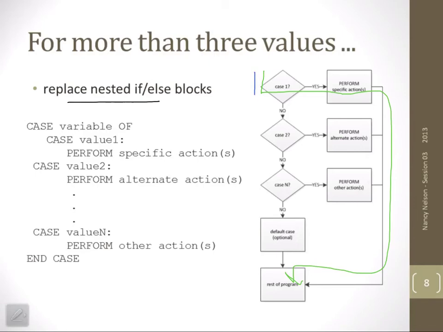If it's not case 1, we come to case 2, we perform these actions, and come down. Same thing, if it's not case 1, it's not case 2, maybe we get all the way down to case n, so maybe this is case number 10. We come through, we perform these actions, and come through here.